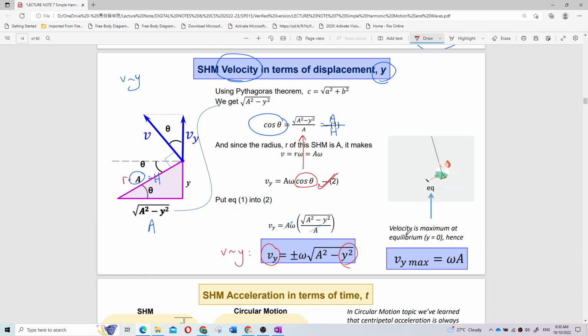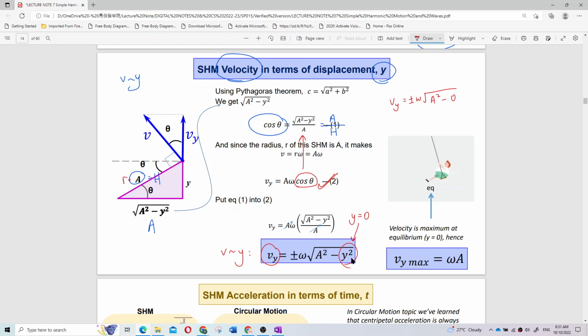Okay, and it says velocity is maximum at equilibrium. Hence, v maximum is a omega. So at equilibrium, it is maximum. That means when y equals 0, we substitute y equals 0. If we substitute y equals 0, what happens? It becomes a square minus 0 square, isn't it?